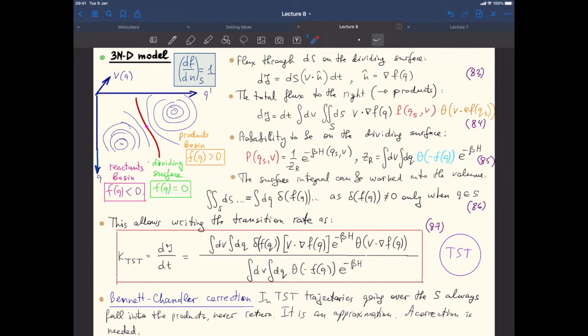So according to the transition state theory, we will overcome the barrier from the reactant basin and find ourselves in the products basin if we reach any point along the dividing surface with the general velocity directed towards the product basin. First of all, we choose a small surface delta S on our dividing surface.